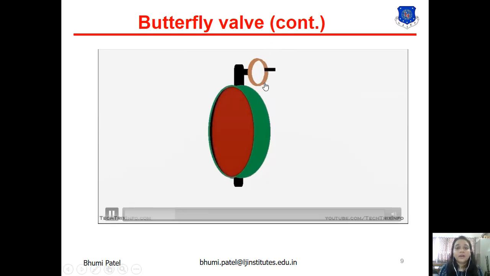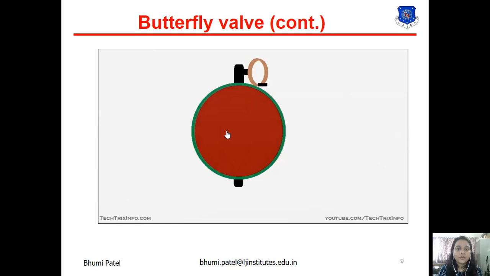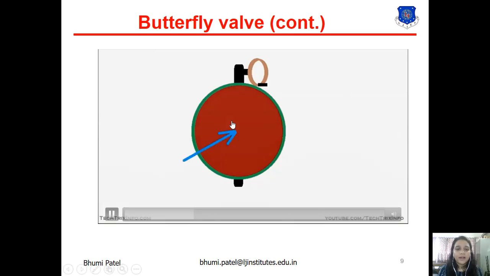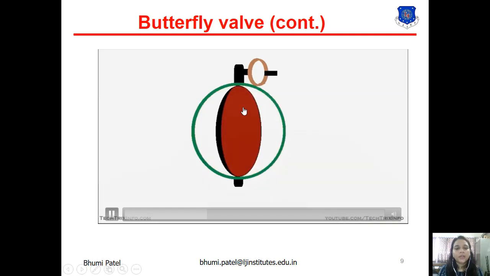Whenever the operator controls the butterfly valve, here you can see that it rotates 90 degrees. So this is the 90 degree rotation, or quarter turn rotation, of the butterfly valve. Here the butterfly valve is in the stop condition, and whenever it is rotated, it is in the open condition.